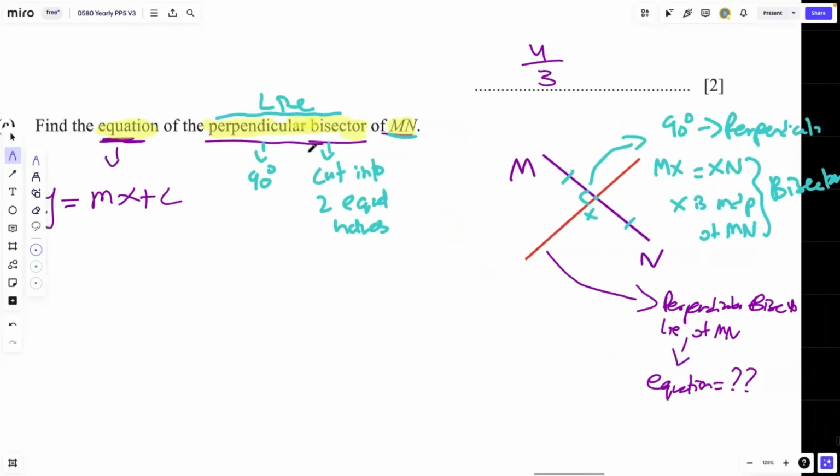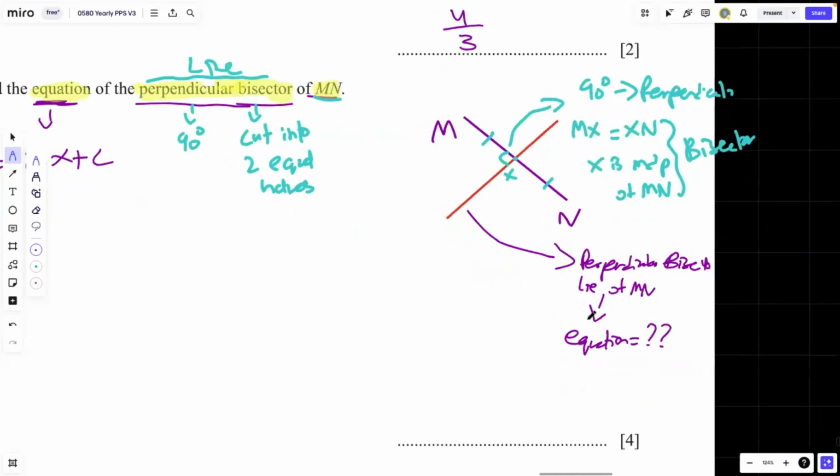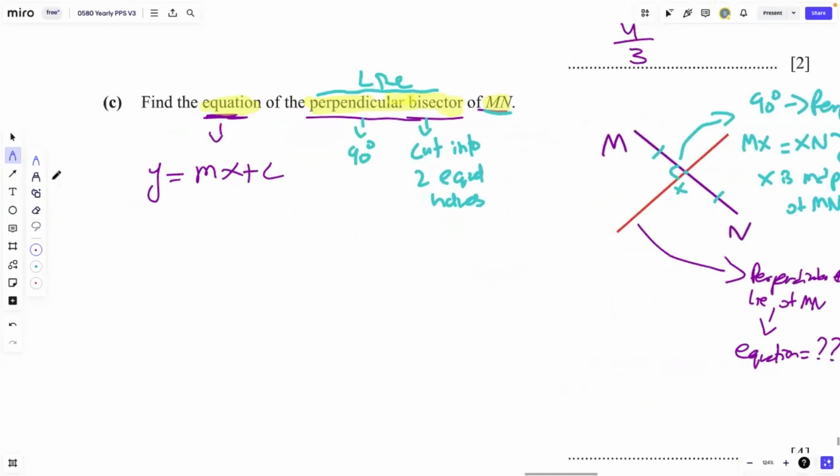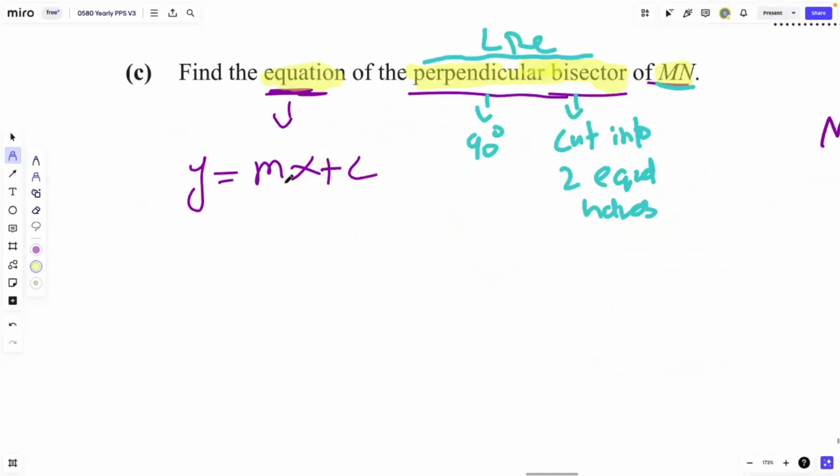Find the equation of the perpendicular bisector line. So we need the equation of the red line, and for the equation of any line, we actually need the gradient and the y-intercept. So let's work on the gradient first.